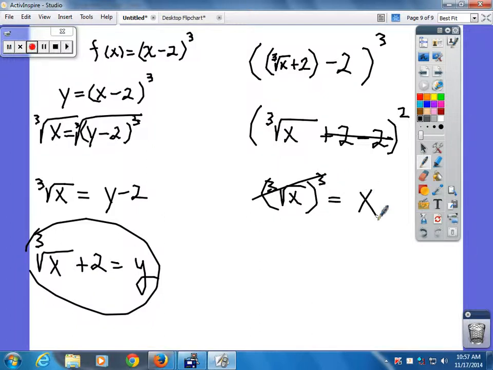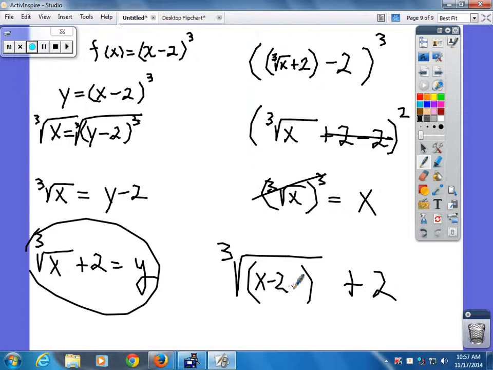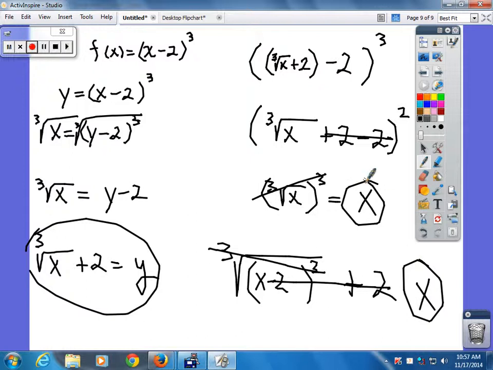X. Now check G composed of F. That would be the cube root of a big set of parentheses, x minus 2 cubed, plus 2. Plug that in. And what happens to the cubes? The cubes go out, the 2's go out, and we're left with x. So they're one-to-one functions.